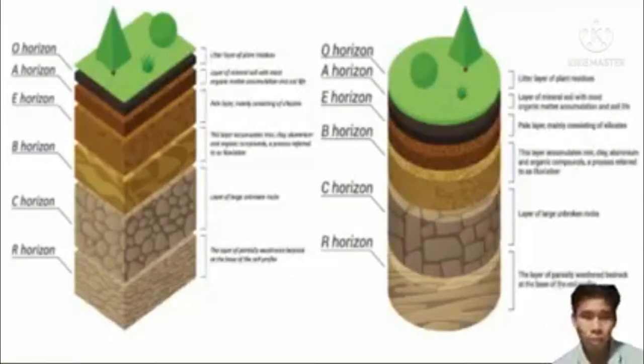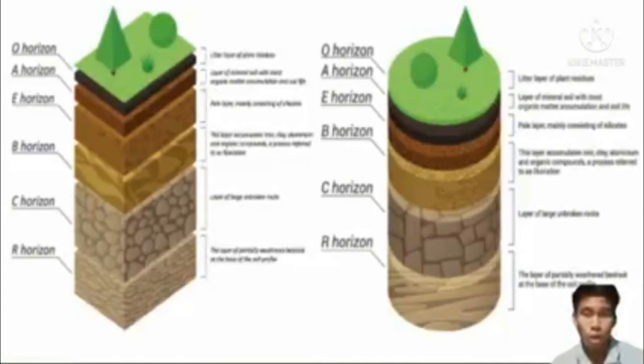So you will notice different layers or horizons of soil. So we have the O, A, E, B, C, R horizons. These layers are different in texture, structure, colors, and also in nutrients.